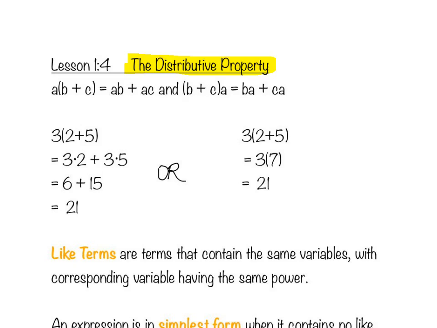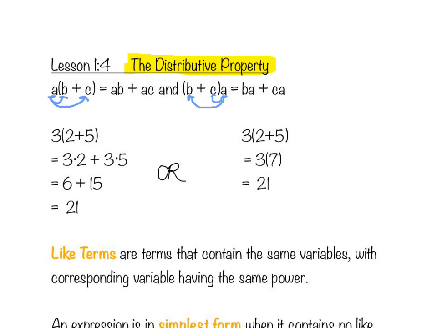It says this: if you have A times the quantity B plus C, what you can do is distribute the A to the B and distribute the A to the C. And you would get A times B plus A times C. Conversely, if you have the quantity B plus C times A, it works the same way, but to the left this time. You can do A times B or B times A, plus A times C or C times A.